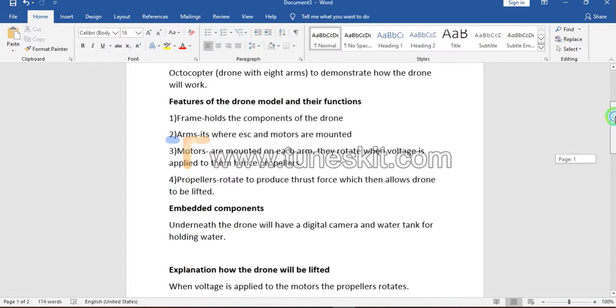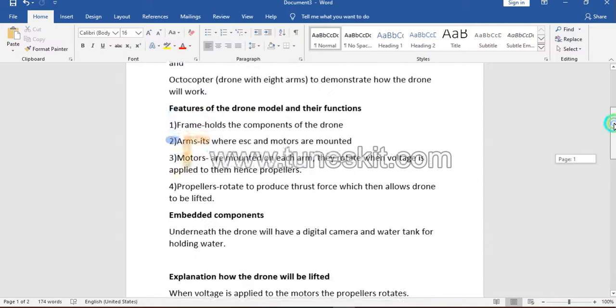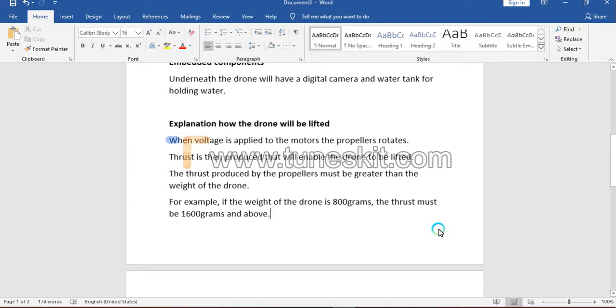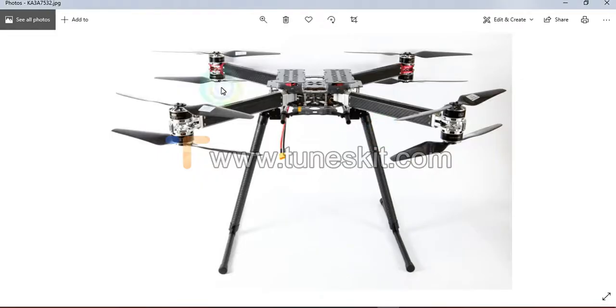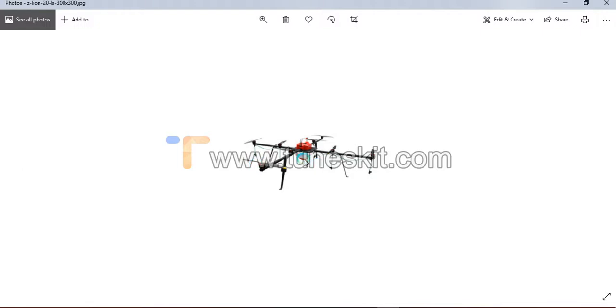So we've just explained a very few features of our drone and just a few designs, and also in our drone we'll be having a water tank which will be able to hold water to do the spraying, or to hold the pesticide, to do the spraying in the farm.